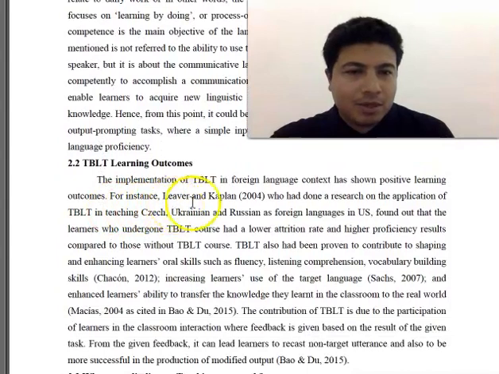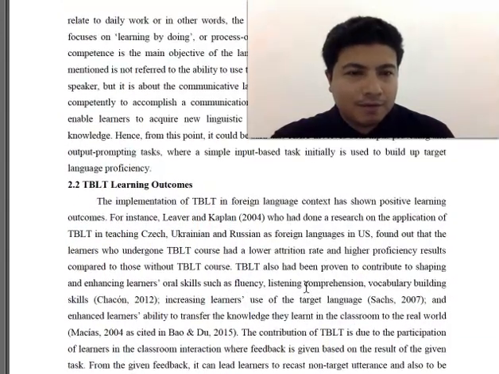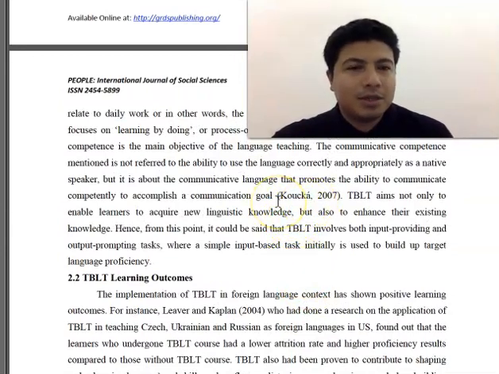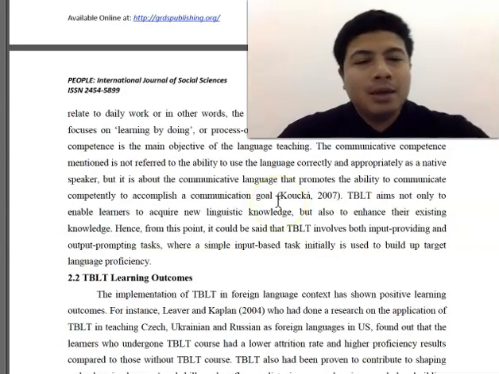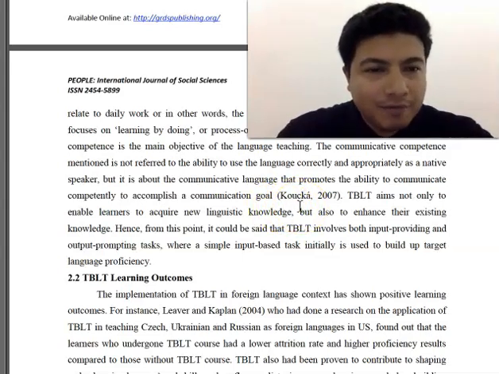For example, as you can see here, Lever and Kaplan, Sachs, 2007. So once you have the citation in your writing, in your academic essay, you need to say where you get the citation from. So that is the references.